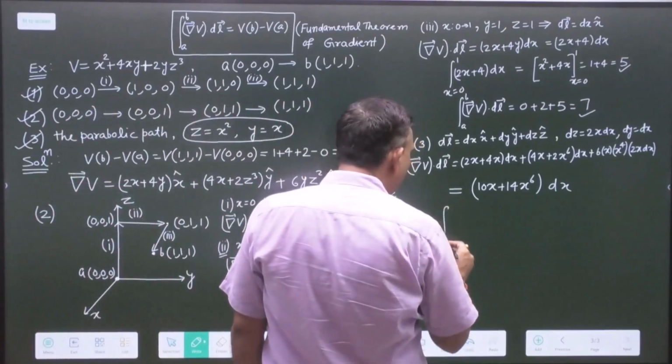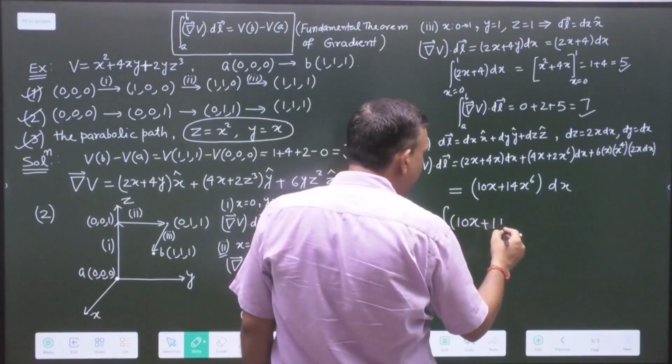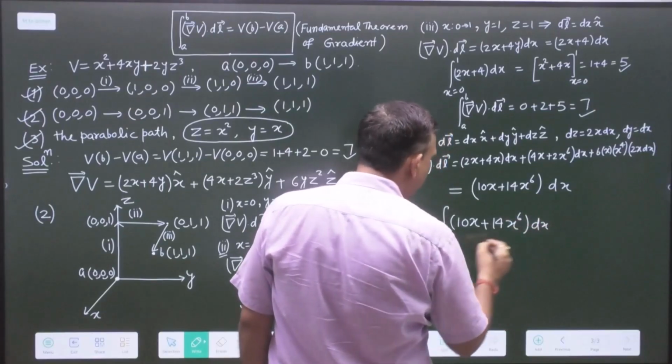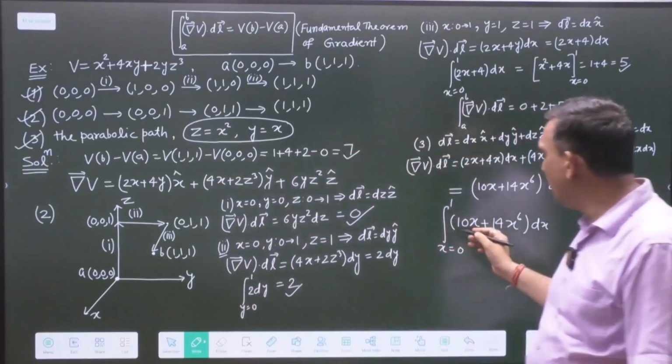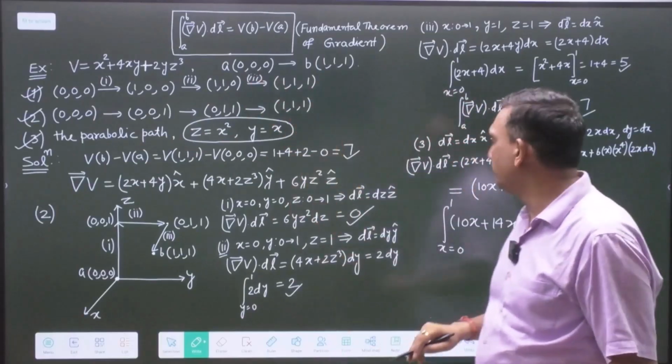So now the integral of 10x plus 14x to the power 6 dx, x from 0 to 1, because we are taking the variable x. So from A to B, x varies from 0 to 1.